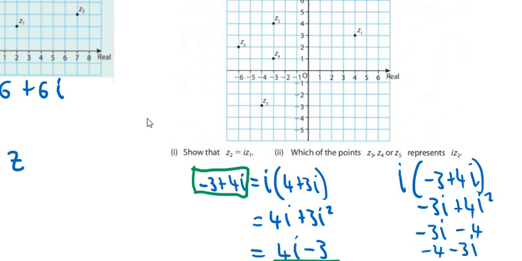So minus 4 minus 3i has to be the answer, and on the graph that is z5.